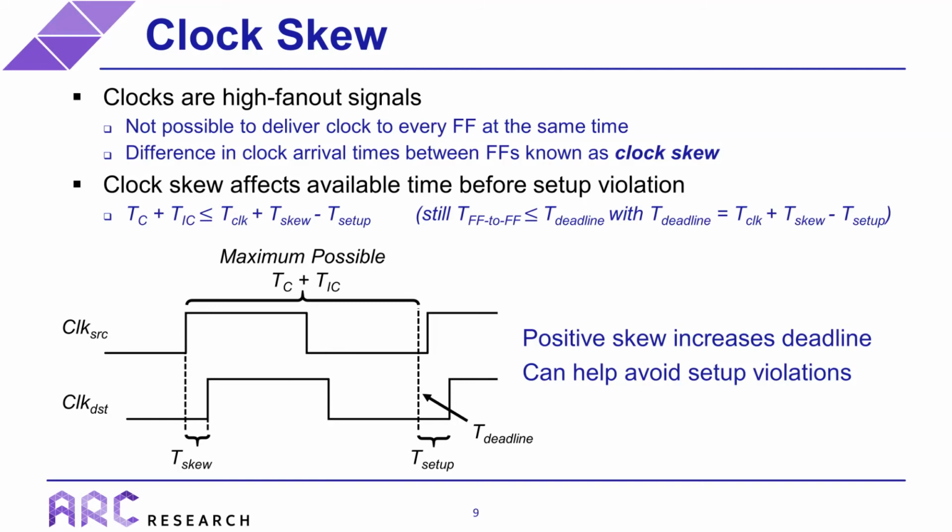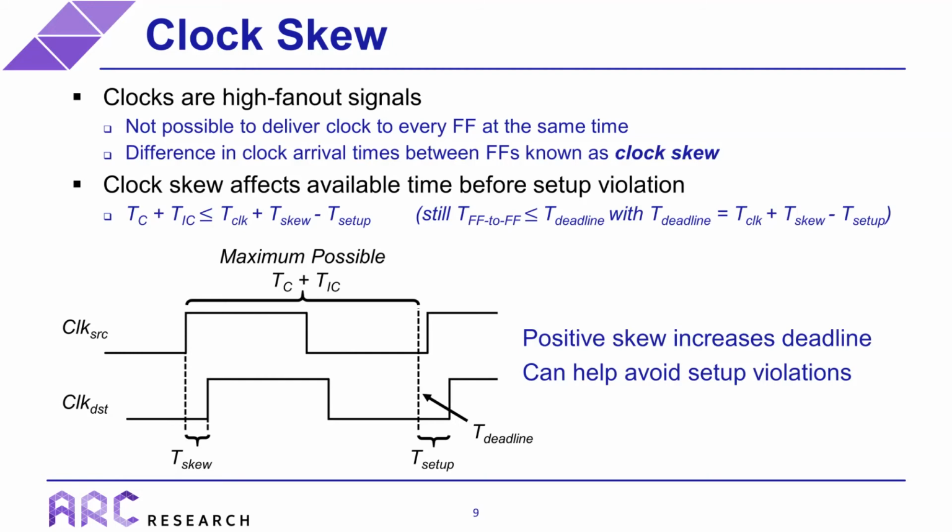This skew is important because it affects the available time before a setup violation. As shown in the figure at the bottom, a positive skew means that the destination flip-flop receives its clock signal after the source flip-flop. So in this case, the allowable time for the flip-flop to flip-flop delay, which is just the sum of the cell and interconnect delays, is actually increased. This can be seen in the figure because the skew shifts the rising clock edge of the destination clock to a point later in time.